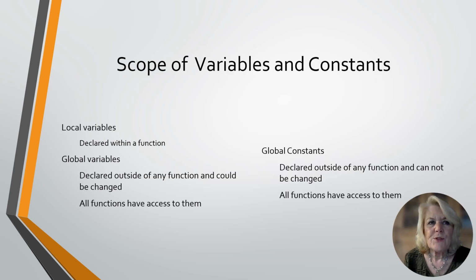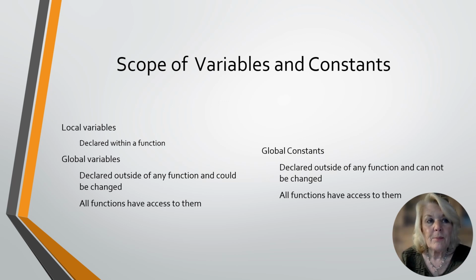Scope defines where a variable is valid. Local variables have local scope and are declared within the function and are alive as long as that function is active. When that function ends, that variable ceases to exist. Global variables are declared above the main function and are available to any other functions.